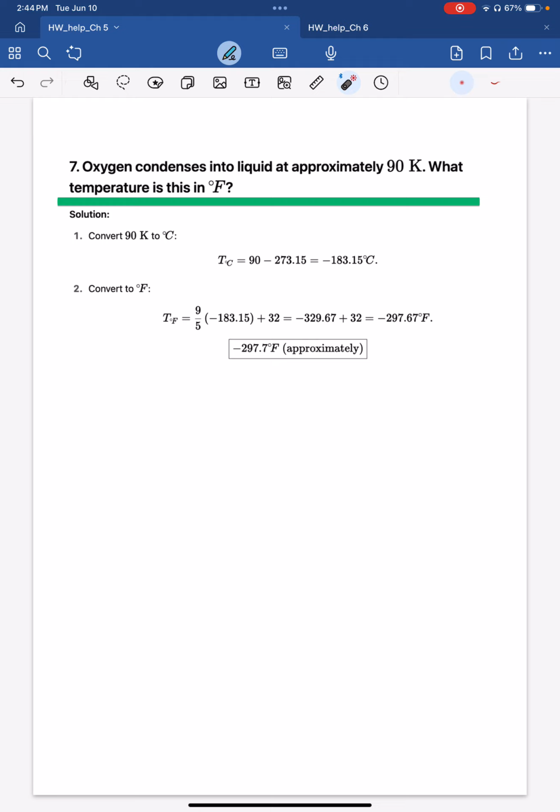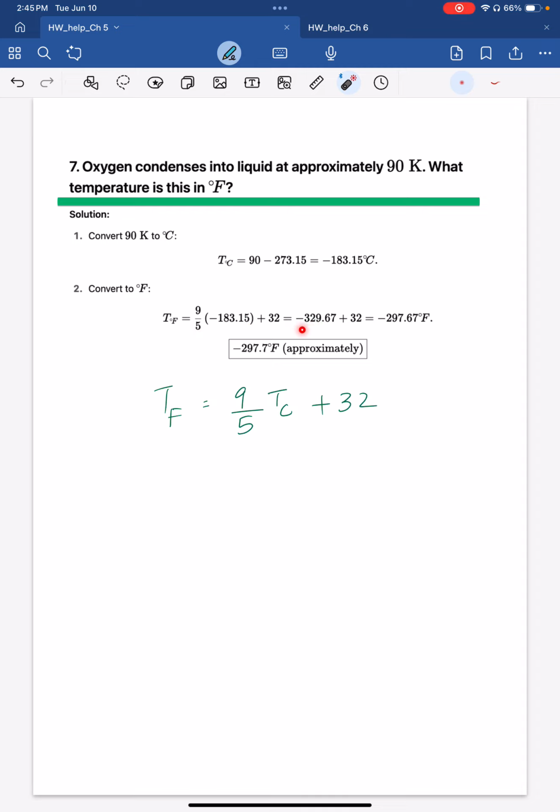183.15 Celsius. And then you have to use the conversion formula for changing Celsius into Fahrenheit. You might remember that the conversion formula is 9 over 5 times temperature in Celsius plus 32, which is what I've used. And so plug it in. Be careful that you do this part first.